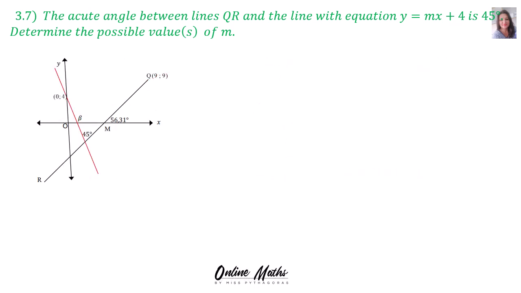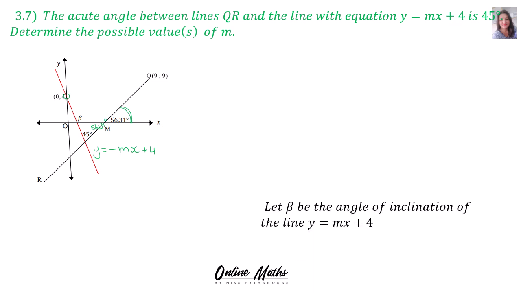Okay, let's see. Now for the red line with the negative gradient. Remember, this line is y = negative mx + 4. That's why the c value, the y-intercept, is 4. So again, if this is 56,31, then this one is also 56,31, vertically opposite angles.